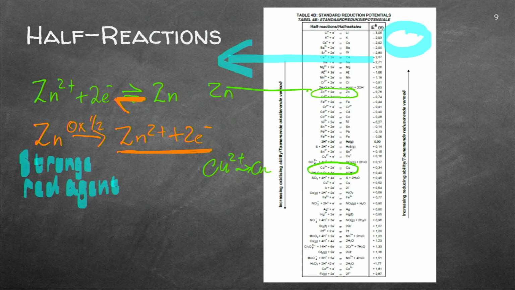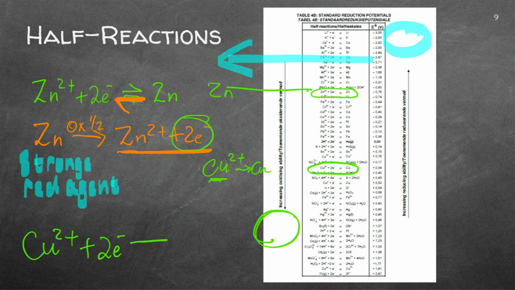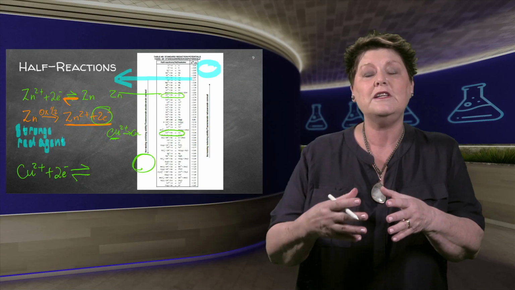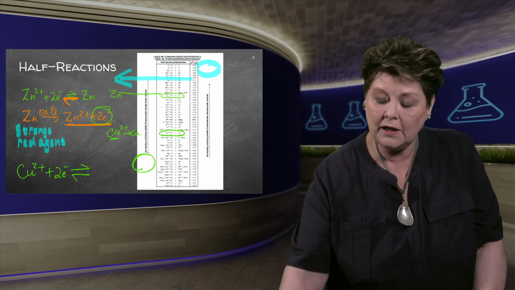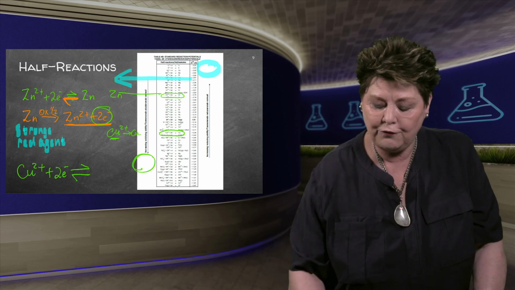Right, so we've done that equation. Let's have a look at the one at the bottom. So here we've got copper 2 plus. We know it's on this side, so it will be copper 2 plus, adding those 2 electrons that I got from the zinc, and again, it will not go as a balanced equation in terms of the forward and the reverse reactions. It will actually only go forward.